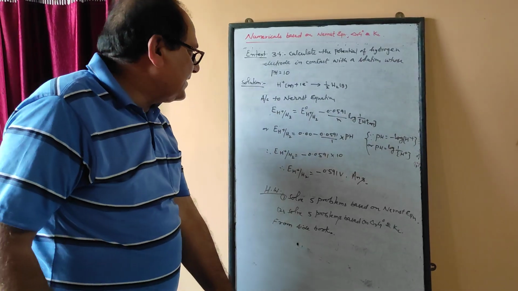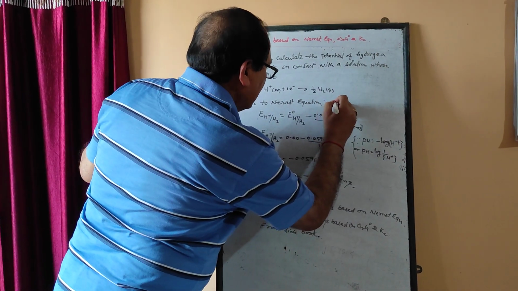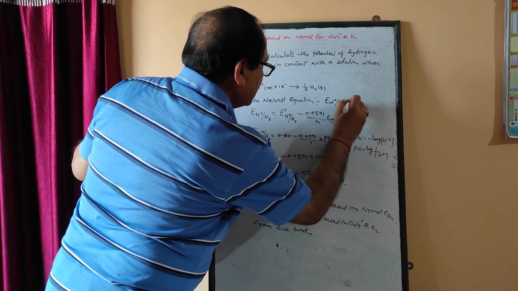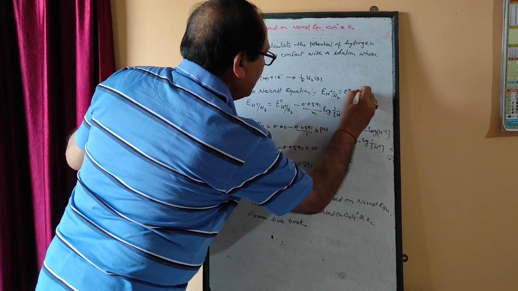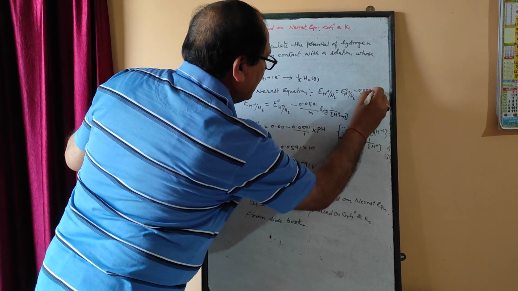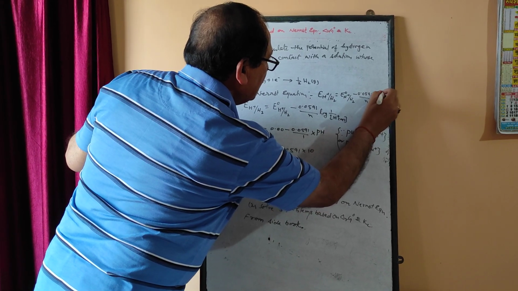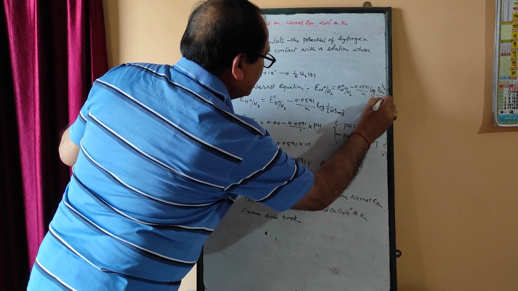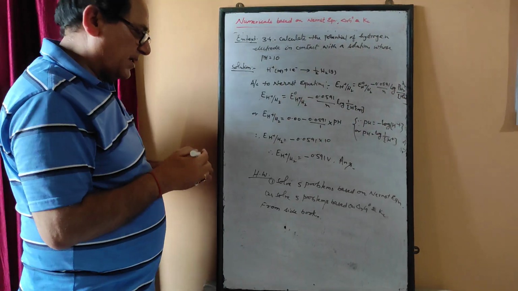So you can write E of H plus/H2 is equal to E naught H plus/H2 minus 0.0591 by n log PH2 power half divided by H plus aqueous. This is the real format of the Nernst equation.